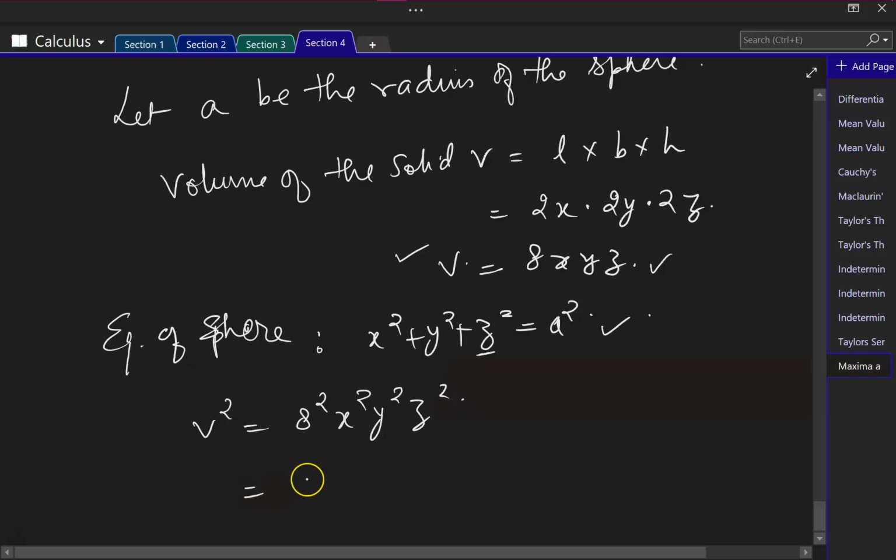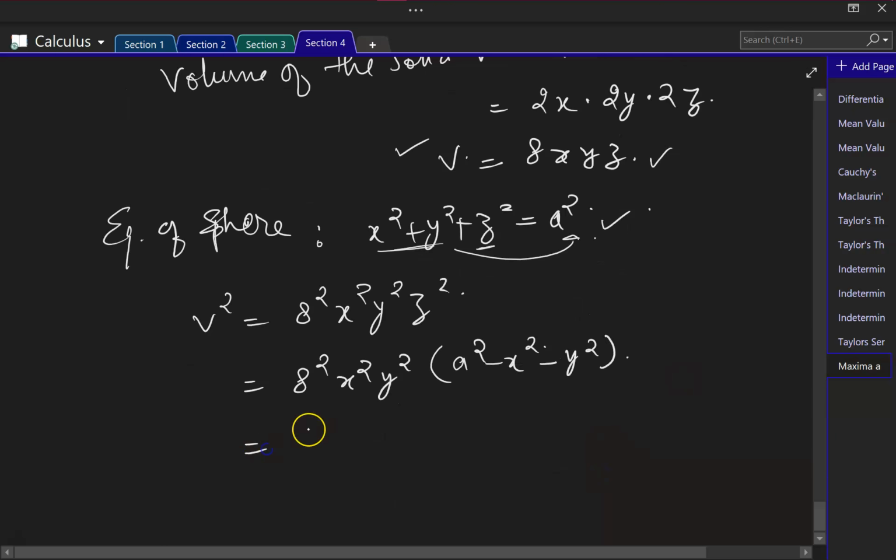So 8 square x square y square and z square would be what? These two, let's take it to the other side. So a square minus x square minus y square. Yes, and let us say this is the function for which we have to find the critical point, the maximum.